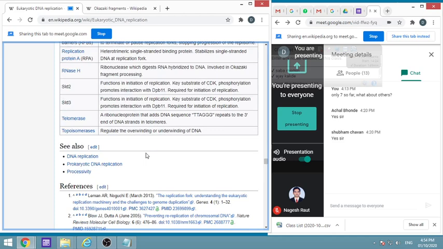Okay, so here we complete DNA replication from our syllabus. In the meanwhile, you can go through it, and if you have any difficulties, you can ask questions on this. Tomorrow is a holiday, so we will not have class, though if time permits we may check, but most probably we will not have a class.